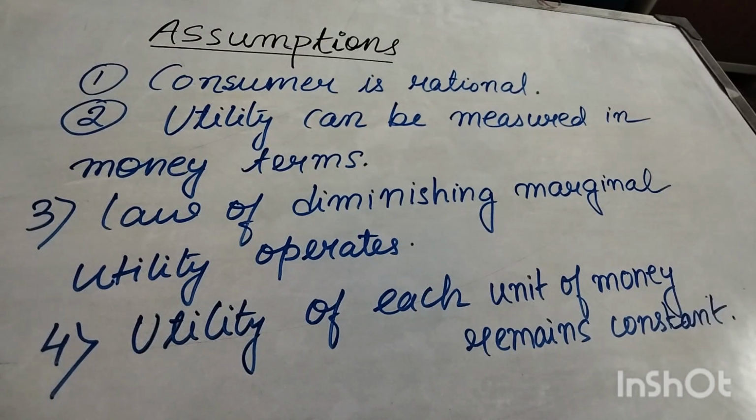It doesn't mean that if the consumer is earning rupees 10,000, that 10 rupee note will have one utility, and when the consumer is earning 20,000, that 10 rupee note will have a different utility. No, whatever the income of the consumer, the utility from that 10 rupee note will remain constant.